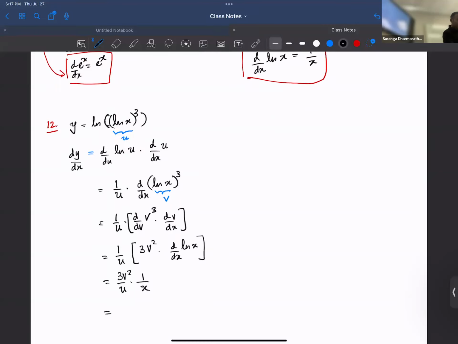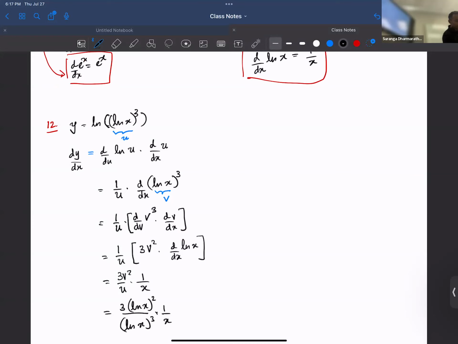So u is natural log of x cubed, and v is natural log of x.